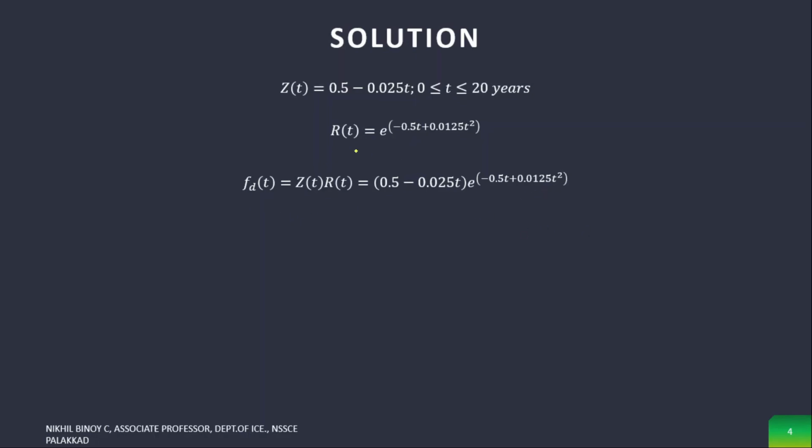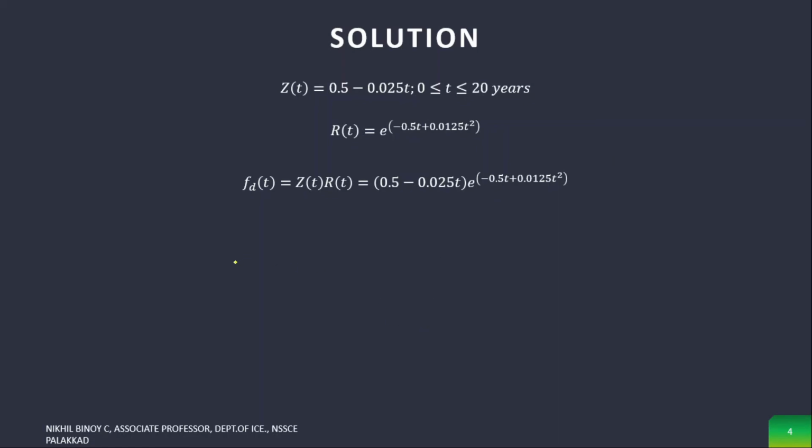So Fd of t is the product of these two. Please note, as Z of t is from 0 to 20, both R of t and failure density are also from 0 to 20 years.